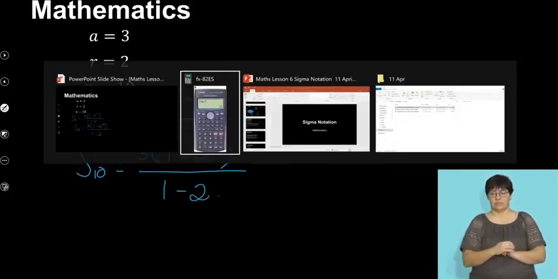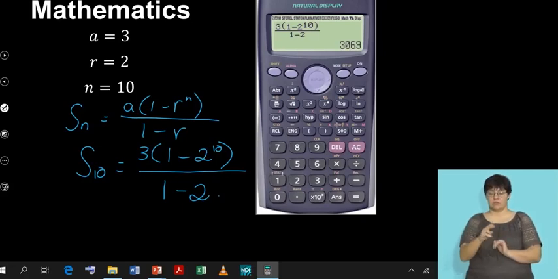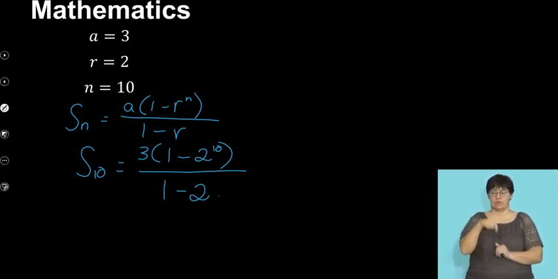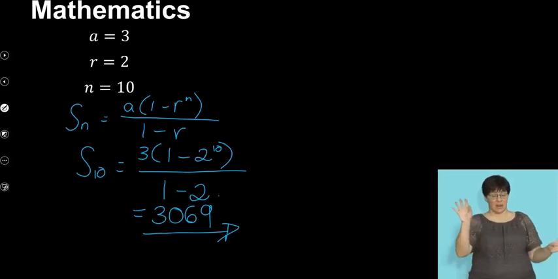Great, let's just pop this into my calculator. I've got 3 times 1 minus 2 to the power of 10, all over 1 minus 2, which is going to give me 3,069.